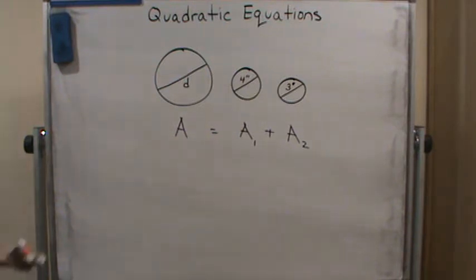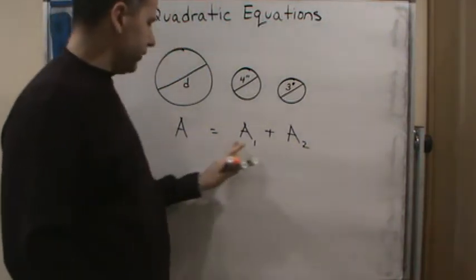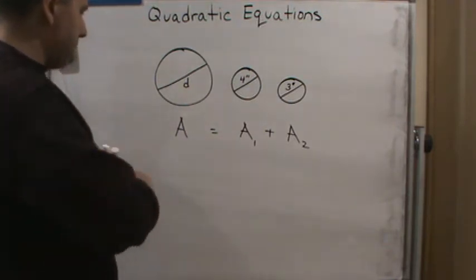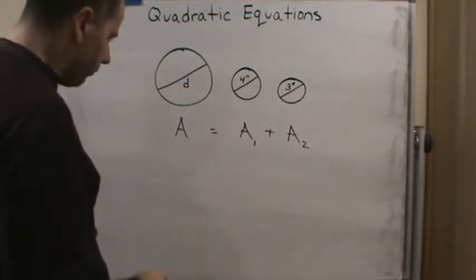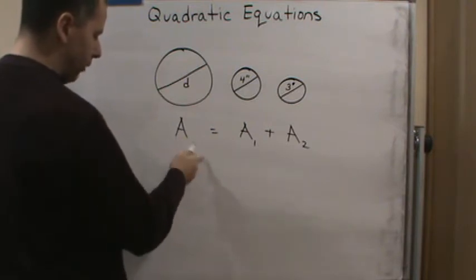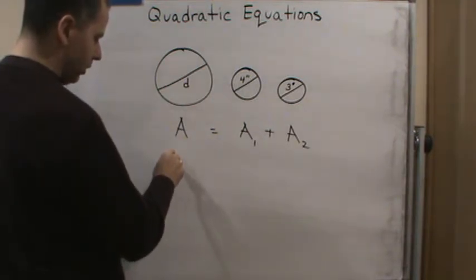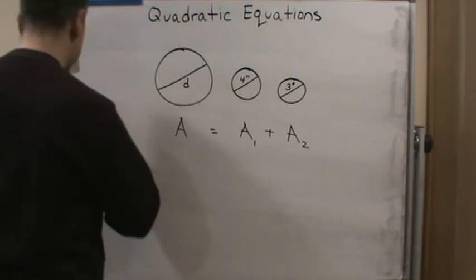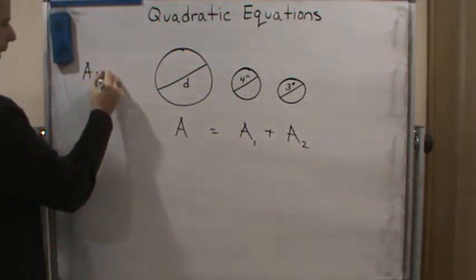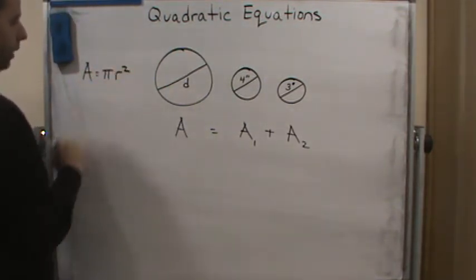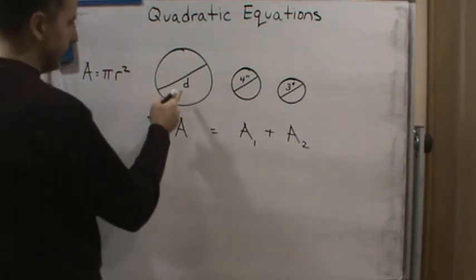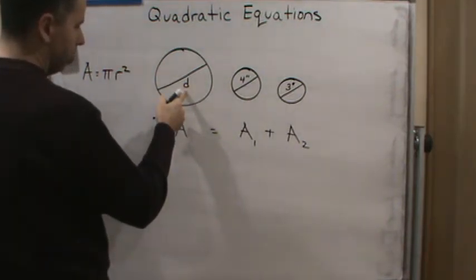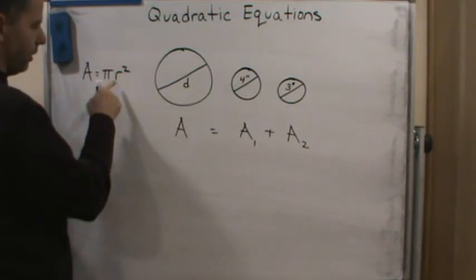Well, since we're dealing with areas of circles, we know that the area of a circle is pi r squared, right? So let's go over here. So area equals pi r squared, right? But since we're dealing with diameter, we can still find the diameter and just deal with radius.